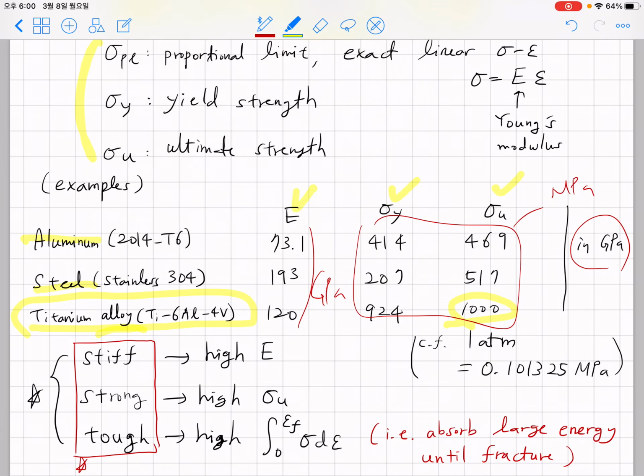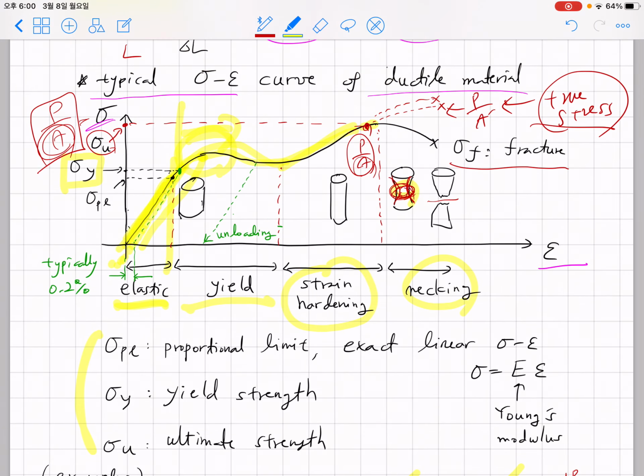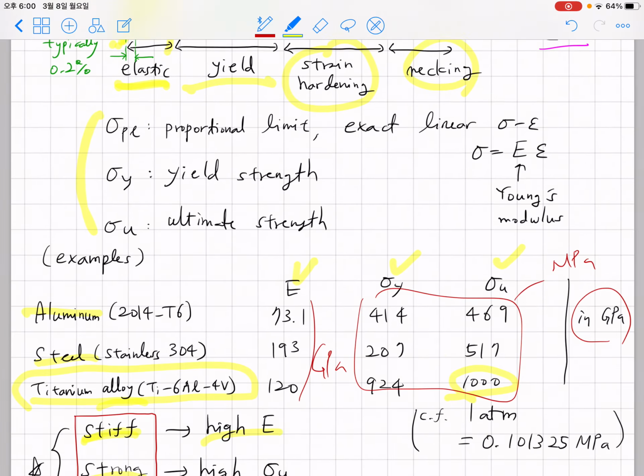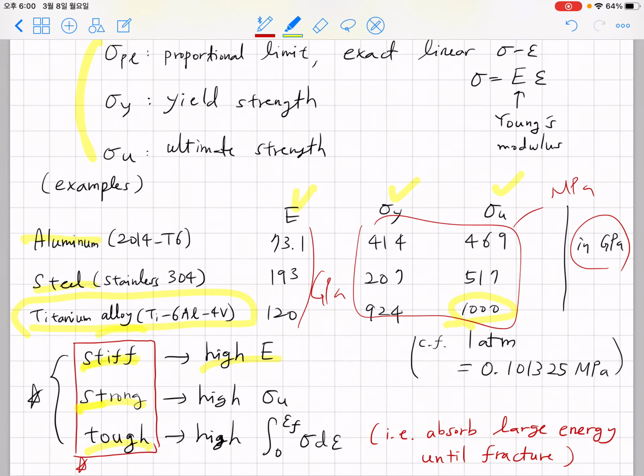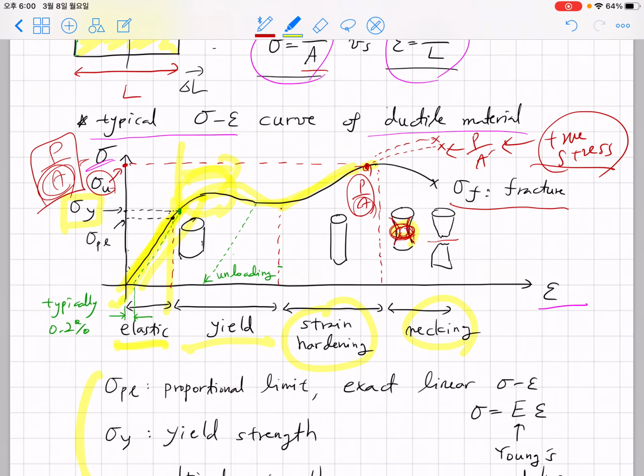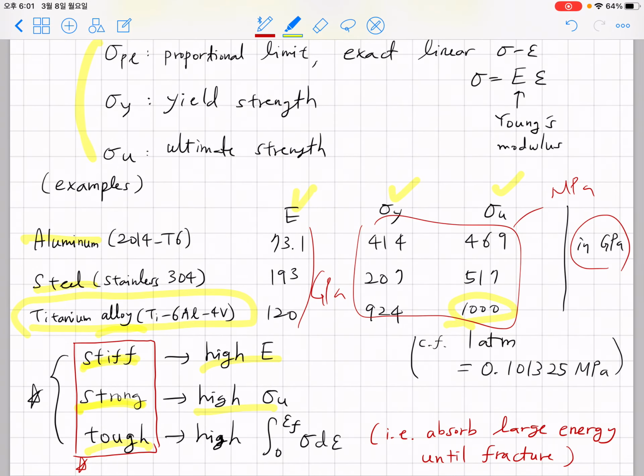And as I told you, when somebody says some material is stiff and strong and tough, you now should have a very clear distinction. Stiff means high E. E is the slope in the elastic regime, Young's modulus. When somebody says a material is strong, it means the maximum stress, the ultimate strength, is high. When somebody says the toughness is high, it means high integral from 0 to epsilon_f of sigma d-epsilon.